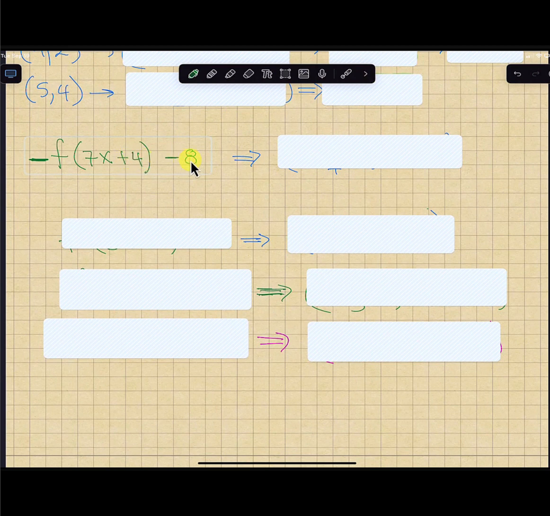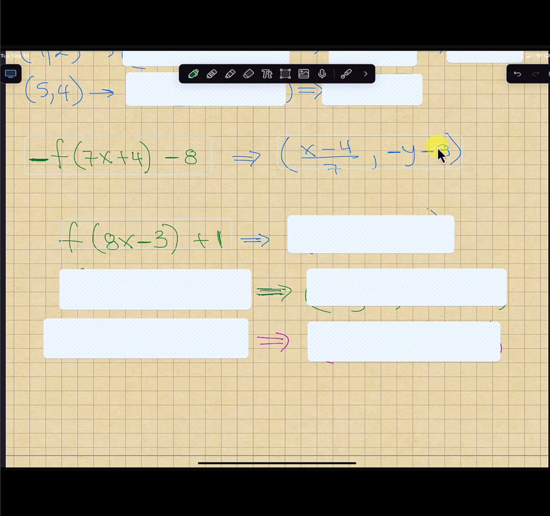Using the trick, you take the 7, move it to the denominator of the fraction, and the x plus 4 that you have left over is going to change to x minus 4. Just change the plus to a minus. As far as the y goes, the y is affected by this negative, so that becomes negative y, and then add the number on the end, which is minus 8. That's the new formula for those new points.